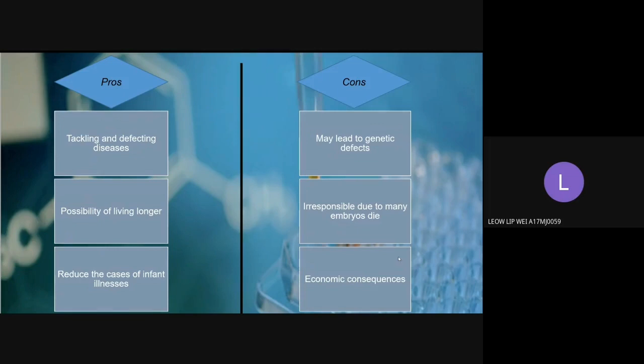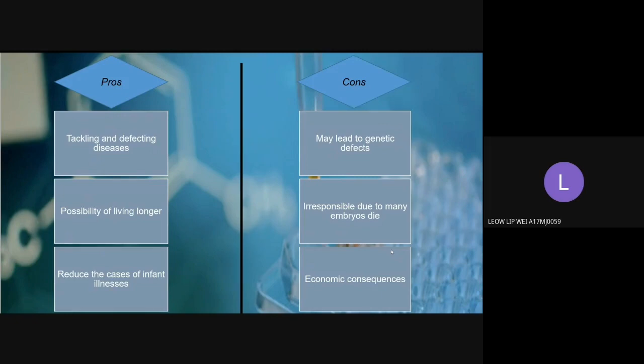Next we'll talk about the cons, the disadvantages. The first one is that it may lead to genetic defects, because it exposes existing organisms to dangers that might include genetic defects. The next one is irresponsibility, because many employees die.